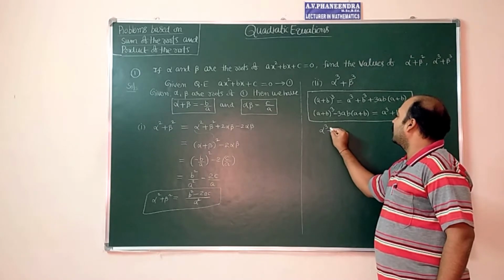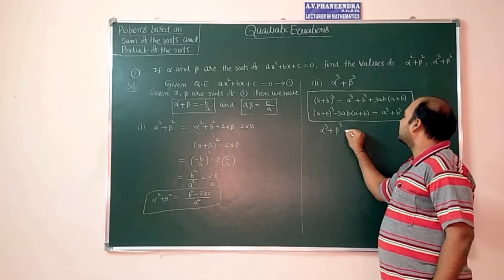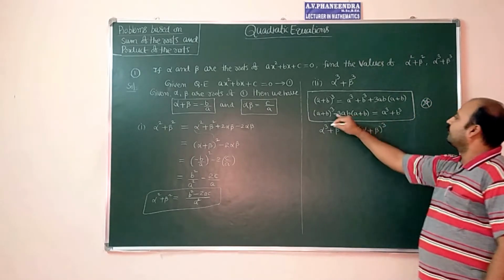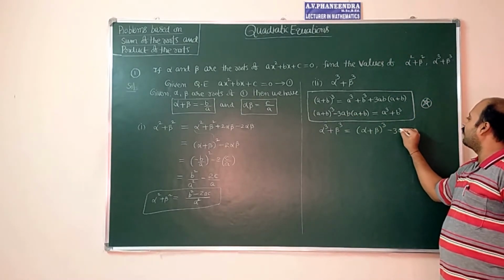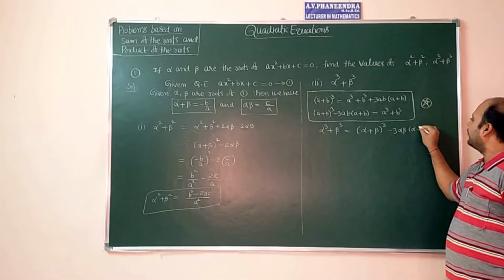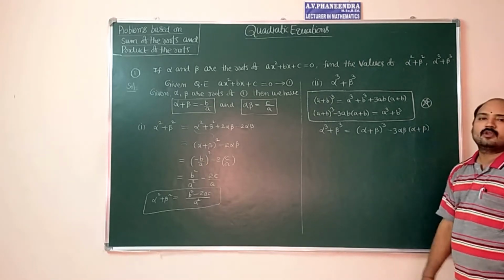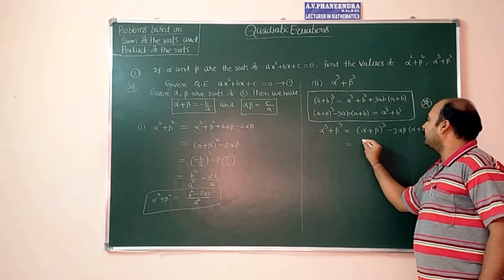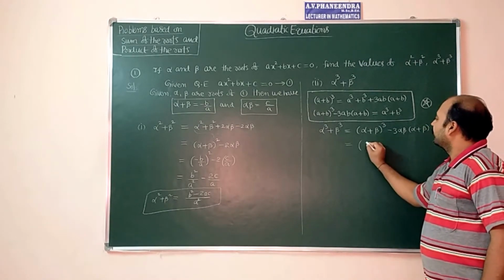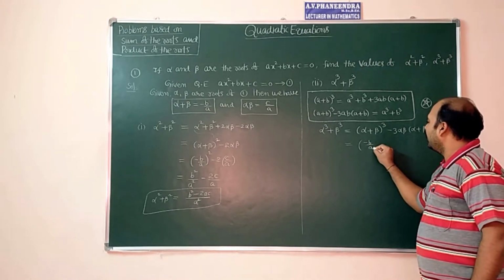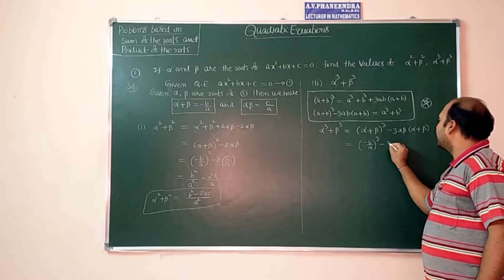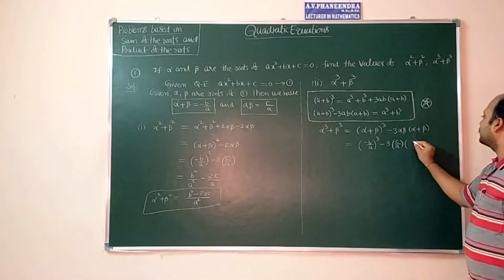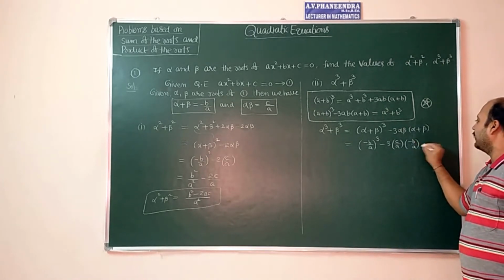Now alpha cube plus beta cube can be written as alpha plus beta whole cube minus 3 alpha beta into alpha plus beta. Substitute the alpha plus beta value and the alpha beta value: minus b by a whole cube minus 3 into alpha beta, which is c by a, into alpha plus beta, which is minus b by a.